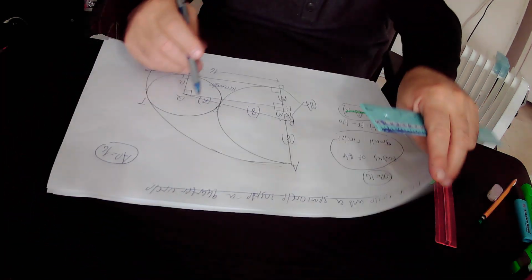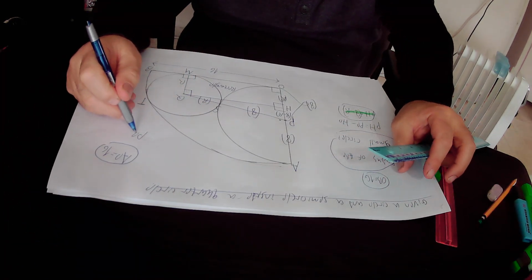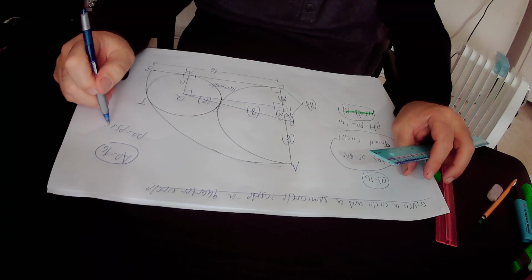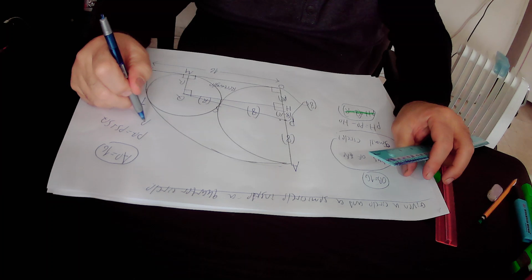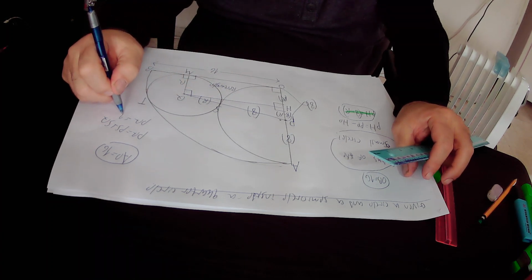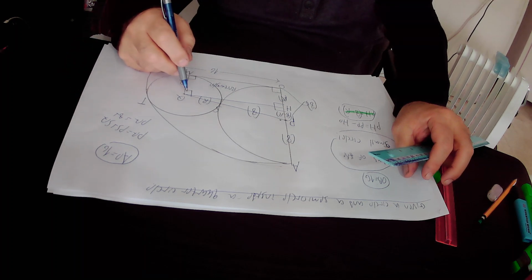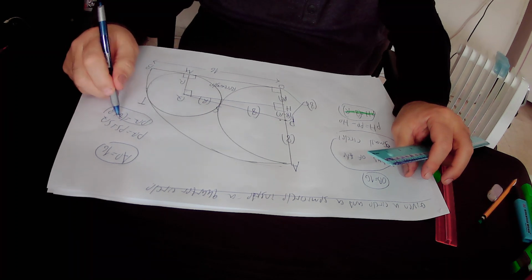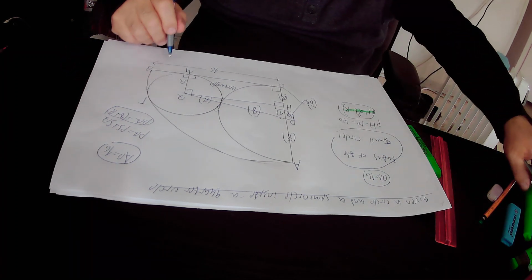PQ equals PS plus SQ. So PQ equals PS, that is 8, the radius of the semicircle, plus SQ. SQ is R, the radius of the small circle. So in total, PQ equals 8 plus R.